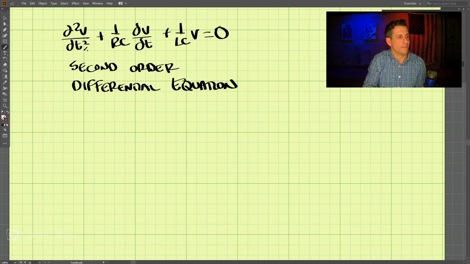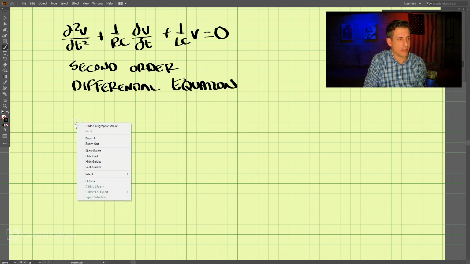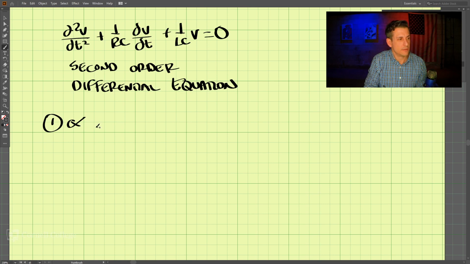To be able to solve this, this will have multiple solutions, and we need a few values. Step 1, calculate alpha, and alpha is equal to 1 over 2RC.